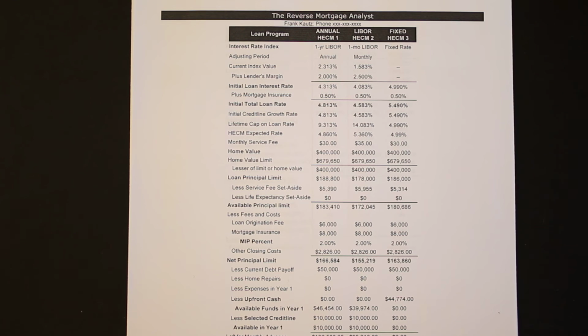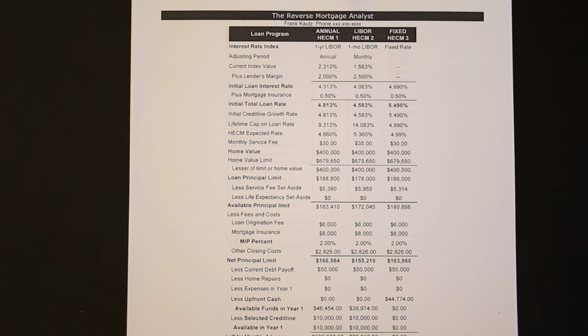Monthlies go up and down more rapidly, annuals go up and down a little more slowly. It's kind of nice to have a low annual while everybody's monthlies are rising. On the other side, it really stinks to have a high annual when everybody's monthlies are dropping. And if you have a fixed rate, it's not going to change. It's going to be the same.